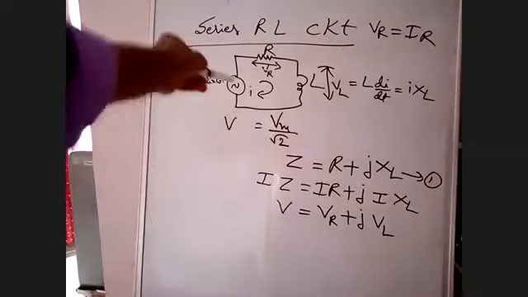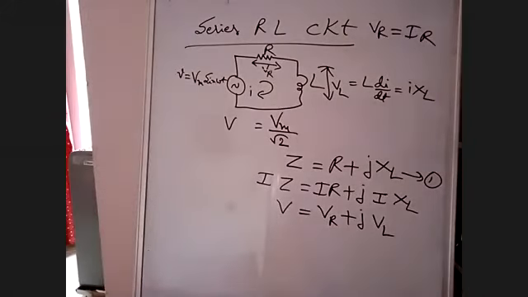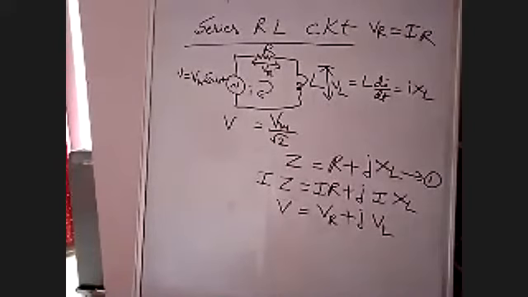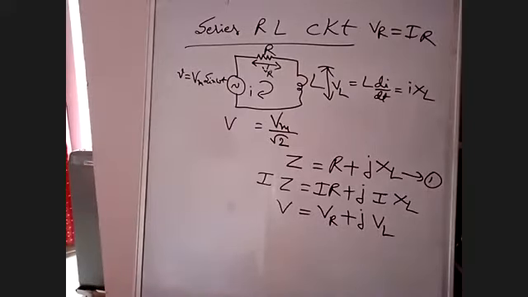This capital V is the total voltage we are applying. That total voltage is dividing. In series, voltage will divide but current is the same, because whatever current flows in R, the same current will flow in L also.